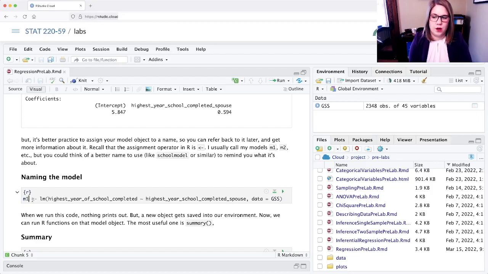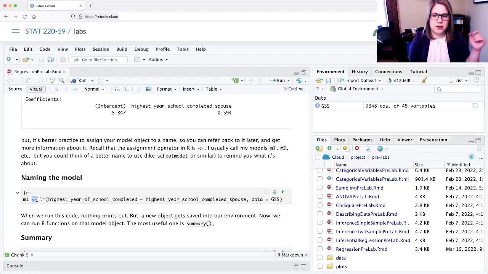I'm going to call it M1, and I use the assignment operator to say, put the result of this lm call into that object called M1. And when I run this, I'm not going to see anything print out, but I'm going to see something new up in my environment. So let's try it. Okay, nothing printed out here, but now I've got this M1 in my environment.